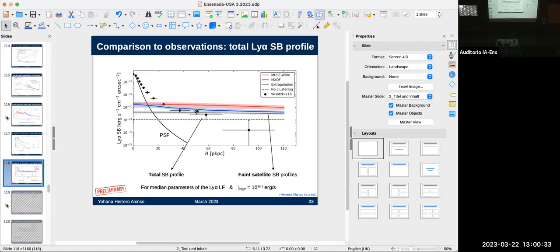The slope of the luminosity function is really uncertain, and having a steep or a shallow slope will give me a very different contribution. So it might be that the extrapolation shouldn't be done in that way. It might be that the satellites are brighter, and that will decrease this contribution. So this is telling me that some of the assumptions we are taking right now are perhaps not ideal.